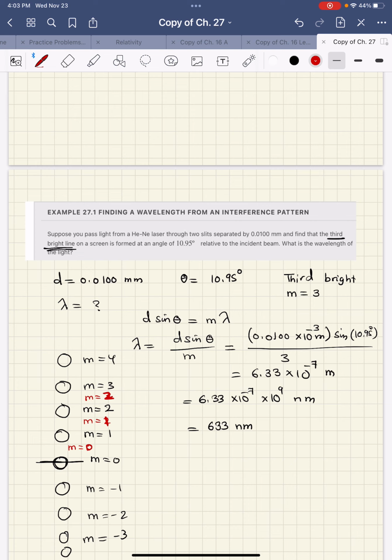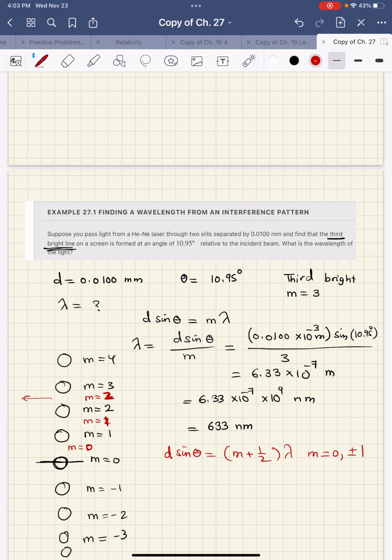Therefore, if it says the third dark, m for it is 2, it's not 3. We know that here d sine theta for the dark is going to be m plus 1/2 times lambda, and m starts from 0, right? This is just to let you know.